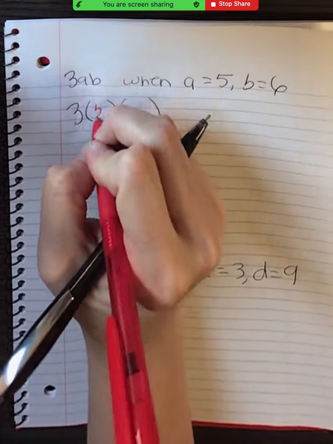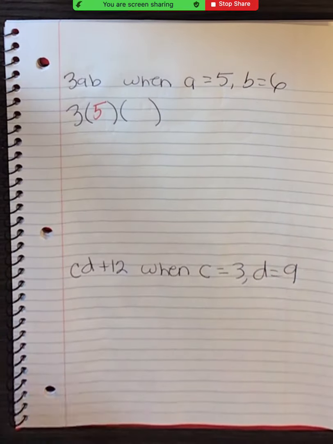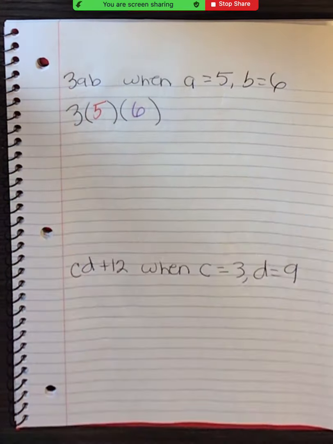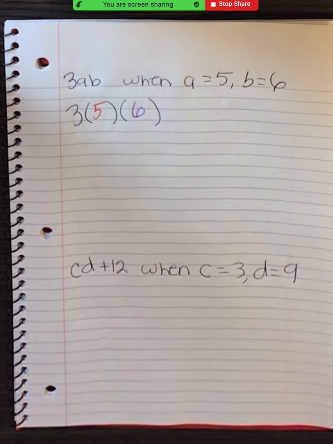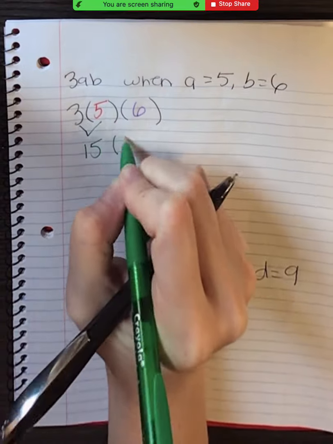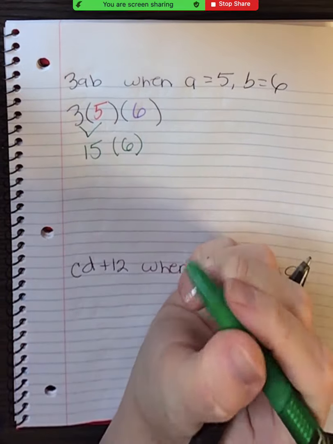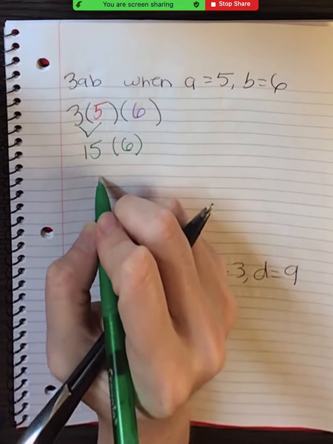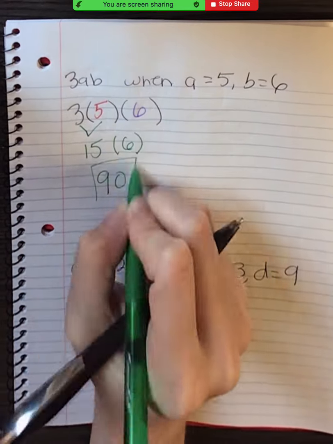So a is 5 and b is 6. So 3 times 5 times 6. 3 times 5 goes first, so we get 15 times 6, and 15 times 6 is 90.